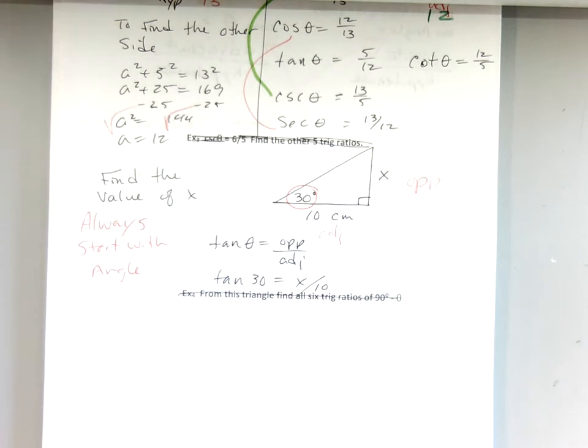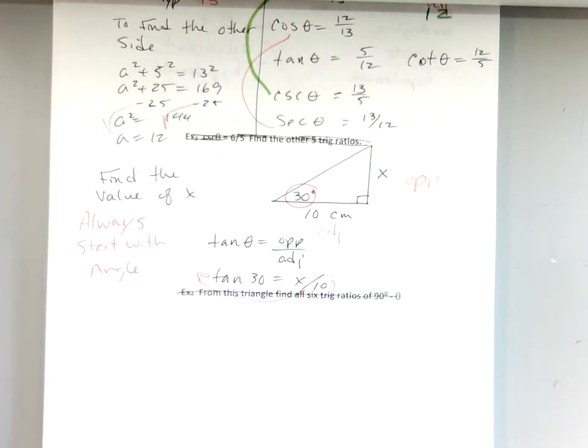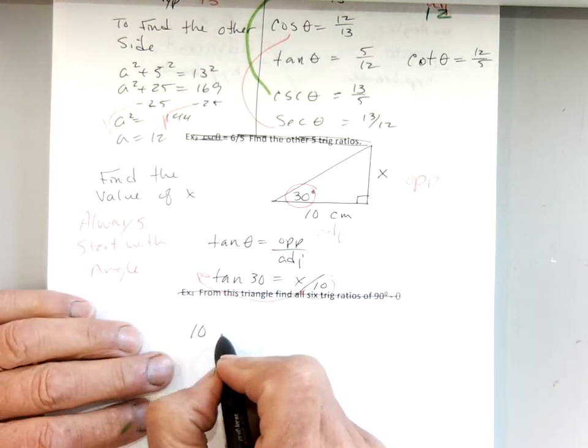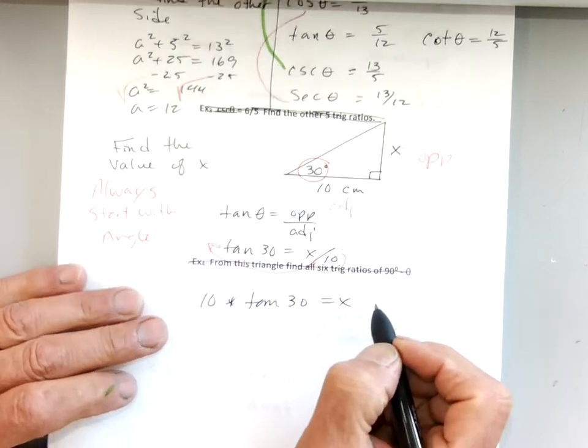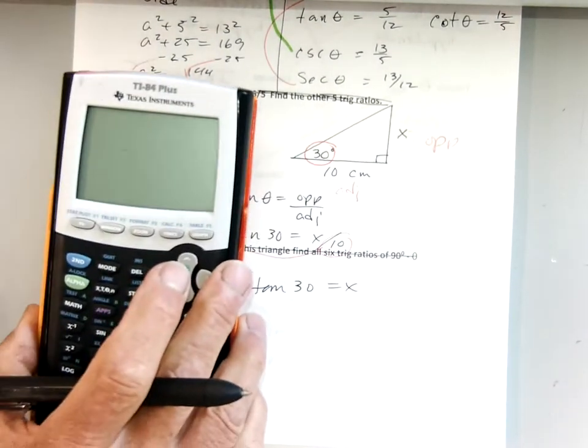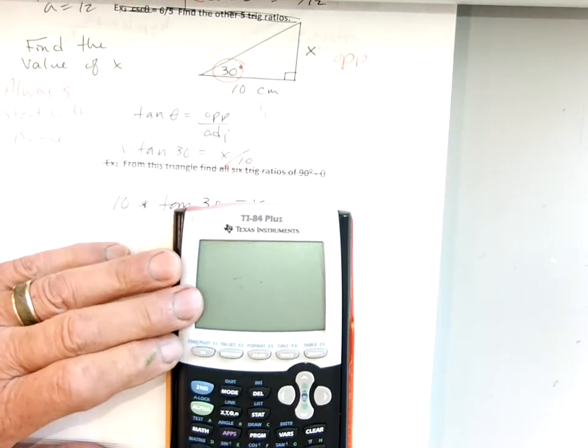Now it's easy. I'm going to multiply up the 10. If I multiply both sides by 10, I'll rewrite this as 10 times the tangent of 30 is the value of x. Now your calculator and your phones will do these, but we've got to be careful.